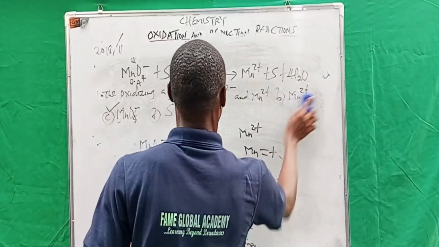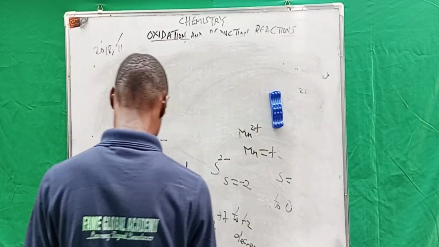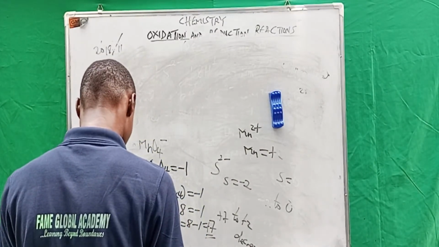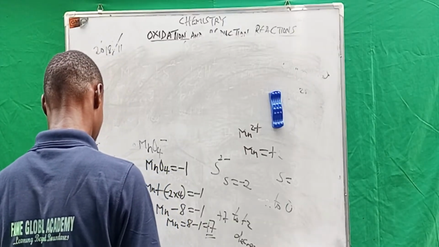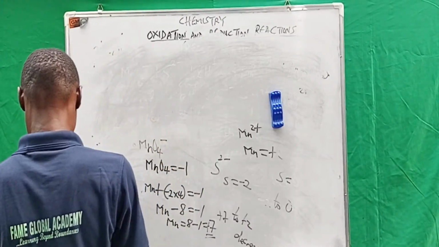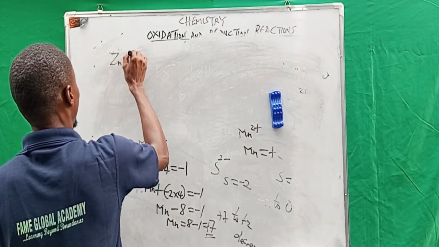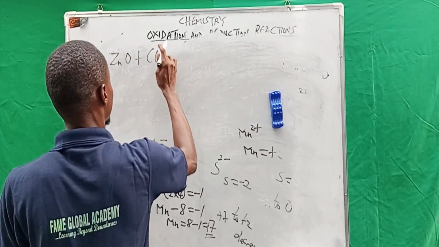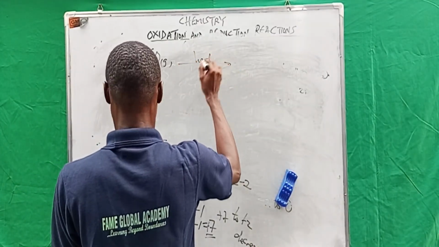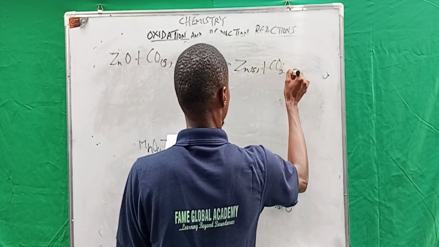Let's take yet another question. Okay. We have a question on the board that says: ZnO plus CO gas, heated to give Zn solid plus CO2 gas.